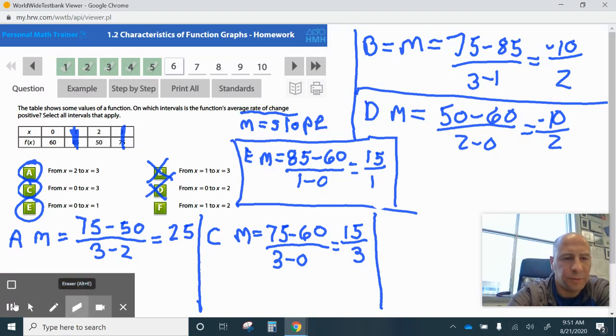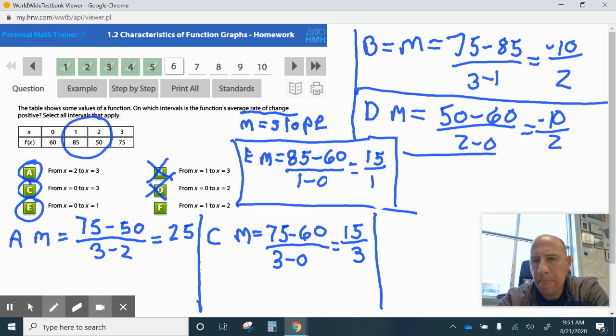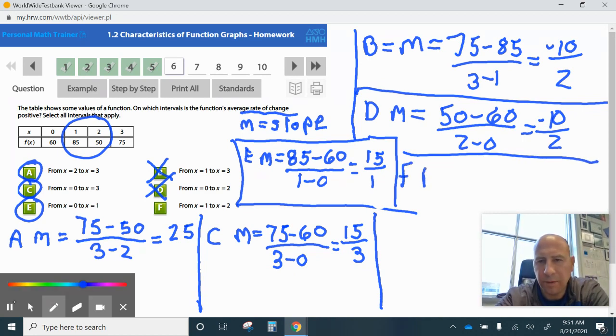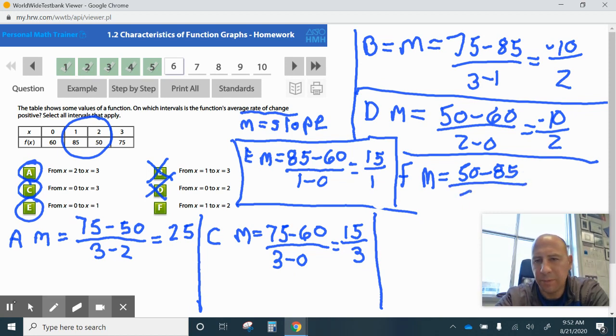And let's look at the last one. Let's look at F, which is 1 and 2. So we're looking at here. Okay. So then F is m equals 50 minus 85 divided by 2 minus 1.